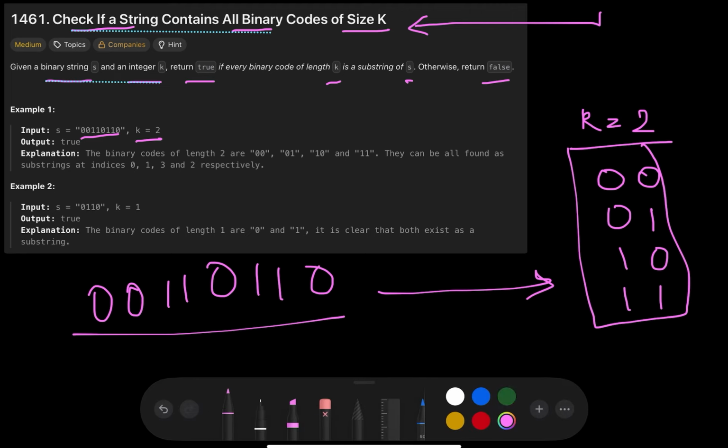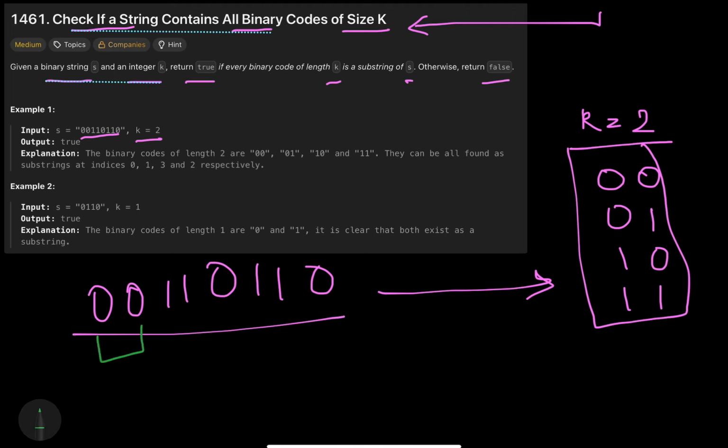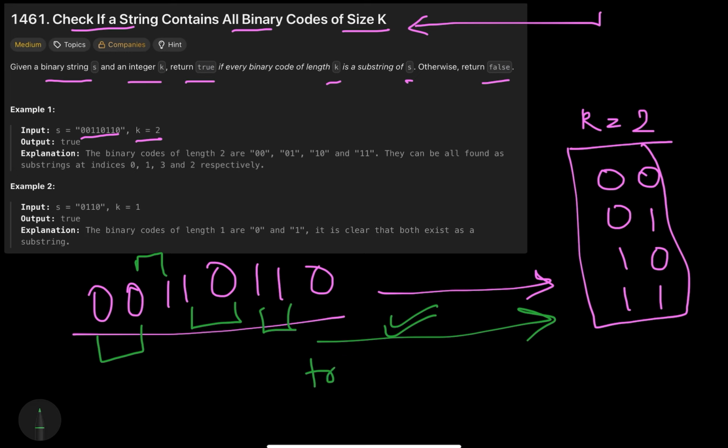So see, it contains 00, yes. It contains 01, yes. It contains 10, yes. And it contains 11. So it contains all these four binary codes, so we'll return true. Okay, so this is what this problem is asking us.